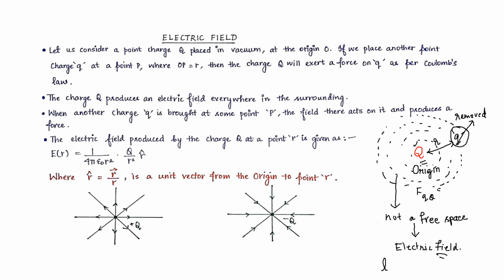I will write it. So when we bring any charge from a distance near the capital Q charge, these charges feel some kind of force due to the presence of these lines of forces.